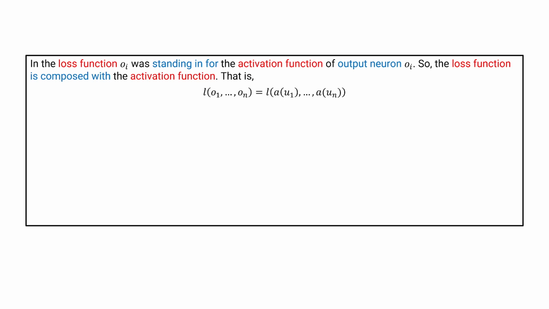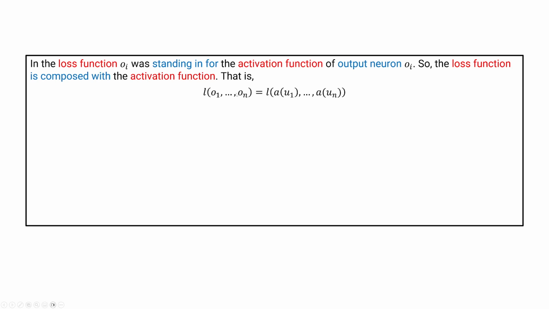But actually in the true function, the true loss function that we're trying to compute, the Oi's that we were using as our variables were actually standing in as the activation function for output neuron Oi. So our original expression of the loss function was L of O1 up to ON. But each one of those is actually the activation function applied to its own input, which I'll call here u1 up to uN.